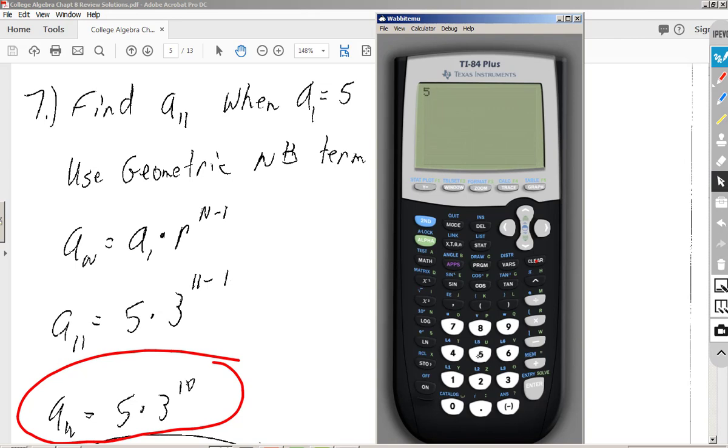Take 5 times, type in 3, hit your power key, all to the 10th power, hit enter, and it looks like it comes out to be 295,245. So here's my answer, which does look like it's going to match up with the answer of C.